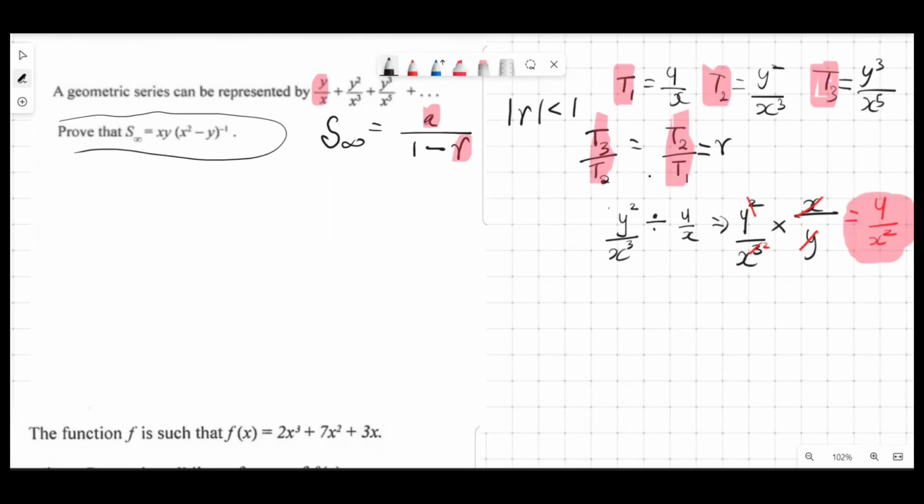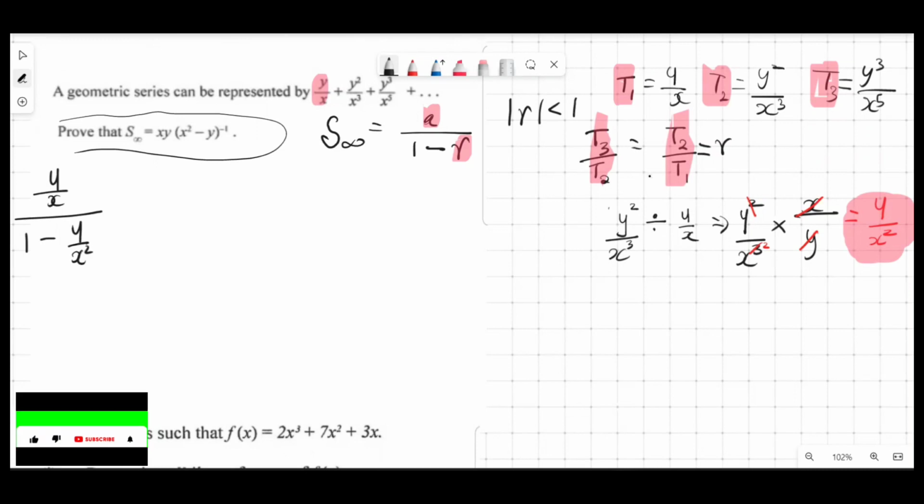I'm going to take this and come to the left of the screen. Now, we're suggesting that the sum to infinity is going to be A, which is the first term. As you can see, it's going to be y over x. And you want to divide that by 1 minus R, which is y over x squared.